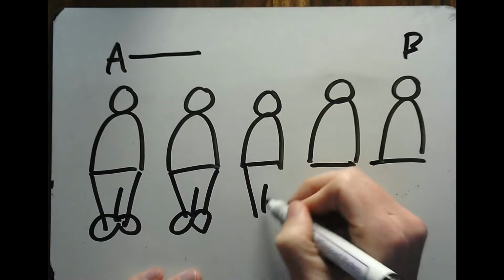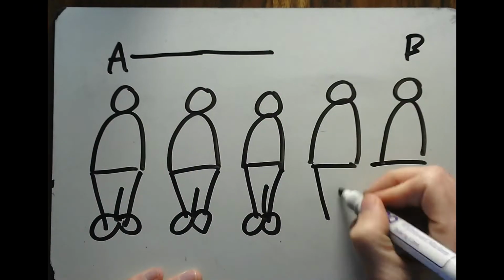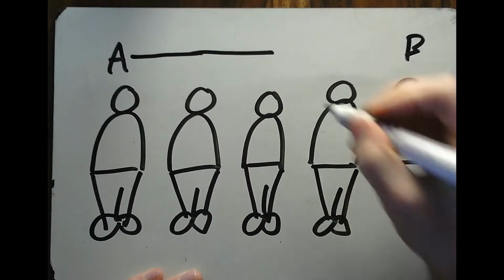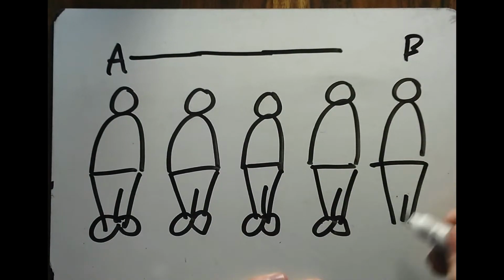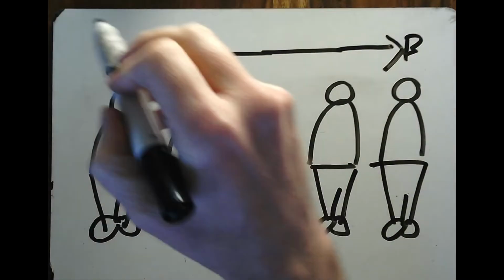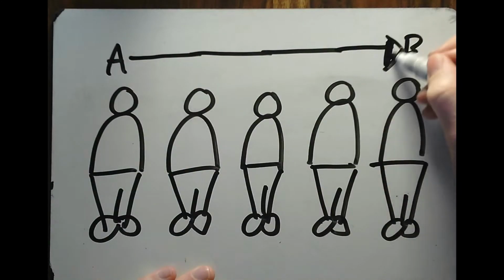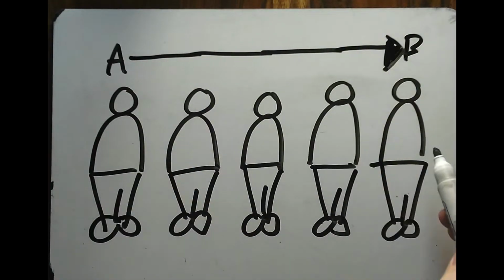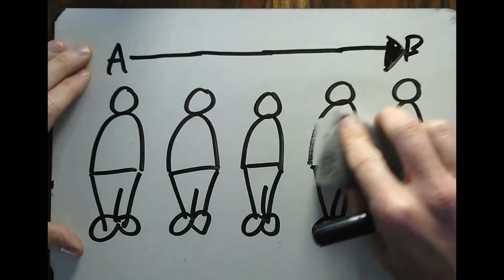Then the next person goes, oh, well, I'll stand up as well. So they get to there, and as you can see, the energy just moves along. It's being transferred, and finally, B goes, oh, everyone else is doing it, I'll stand up. So the energy is moved from A to B, but the key thing is A did not actually move B. So no matter was transferred.